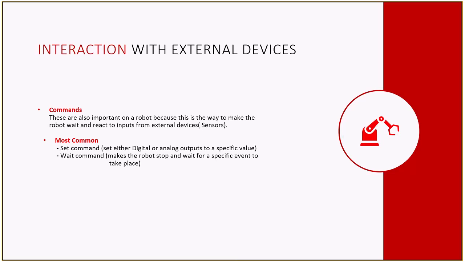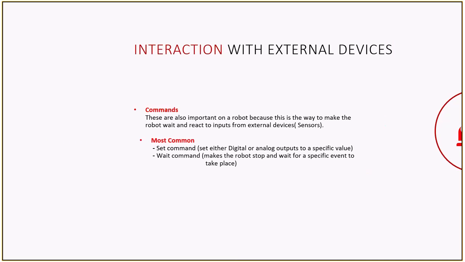The most common commands are the set command, which sets either a digital or analog output to a specific value, or a wait command. With the wait command, you just make the robot stop and wait for something to happen before it keeps on moving, or wait to give the gripper the chance to open and close to drop or pick the product that you're going to work with.